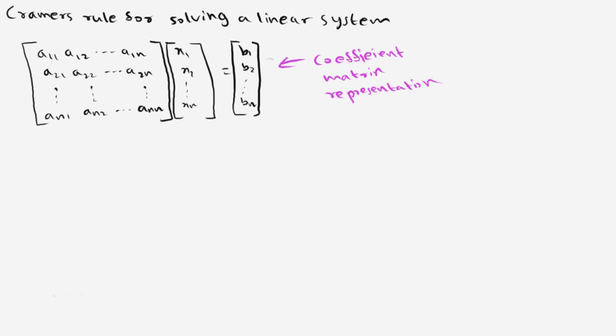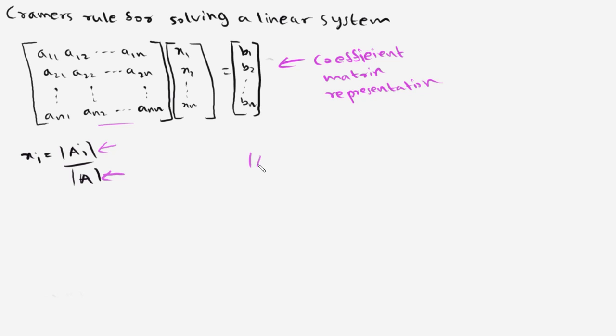In Cramer's rule, any selected arbitrary unknown will be given by using this method. The determinant of A is the determinant of this coefficient matrix, and Ai is the new thing.